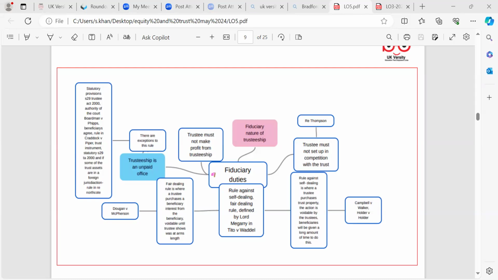And another case in regard to fiduciary duties was the case of Bristol and West Building Society and Morphew 1998, in which a fiduciary is someone who has undertaken to act for or on behalf of another in a particular matter in circumstances which gave rise to a relationship of trust and confidence.